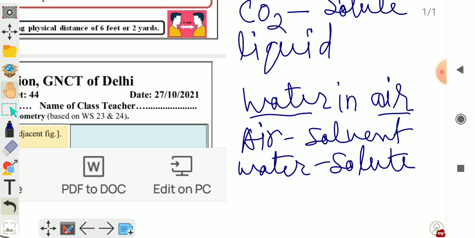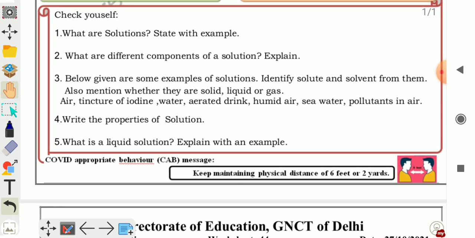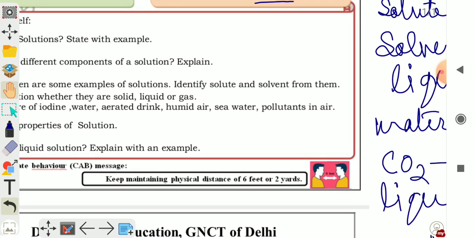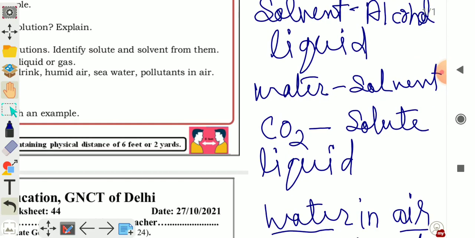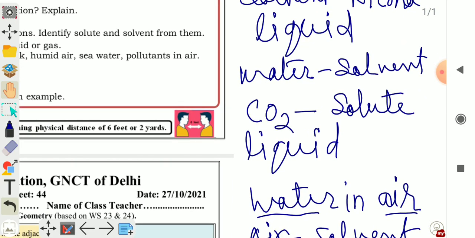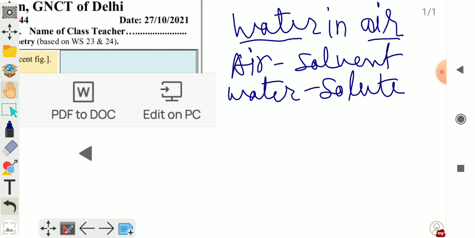Next is sea water. What is in sea water, children?